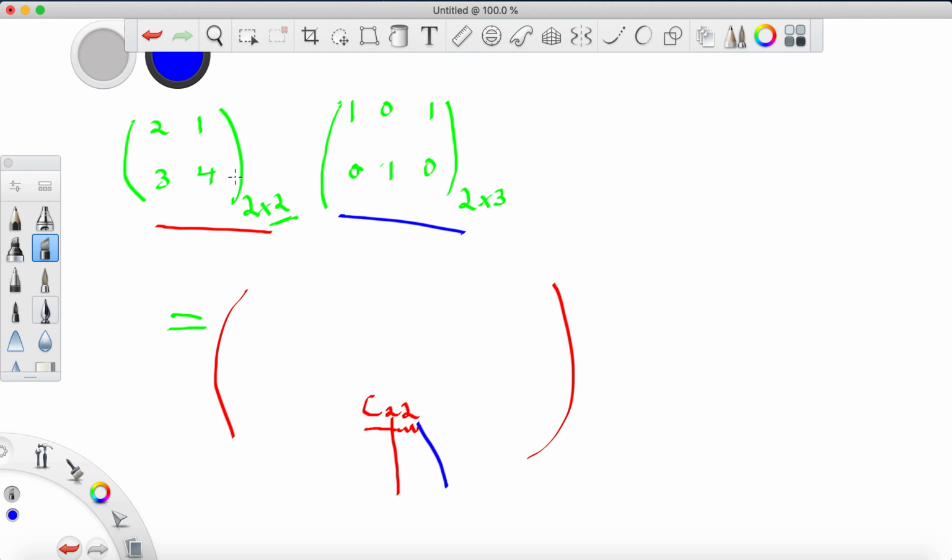So now we look at the number. This is a 2. So I'm going to go to the second row of the first matrix, and I'm going to go to the second column of the second matrix. I'm going to multiply those together, and this is just going to give me 4. So 3 times 0 plus 4 times 1, that's 4.